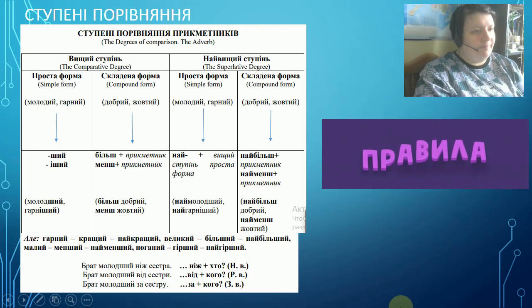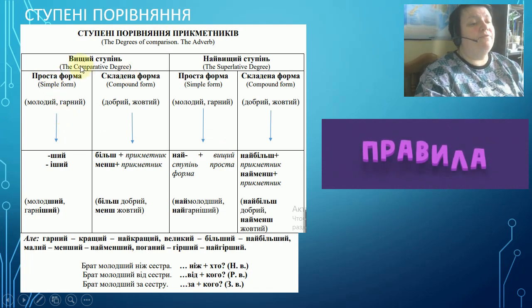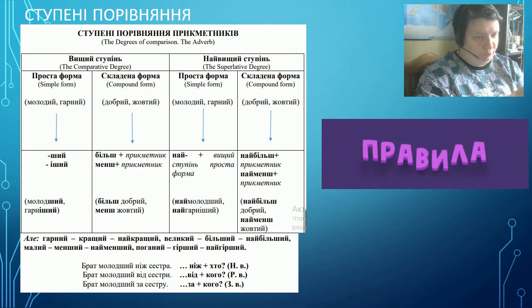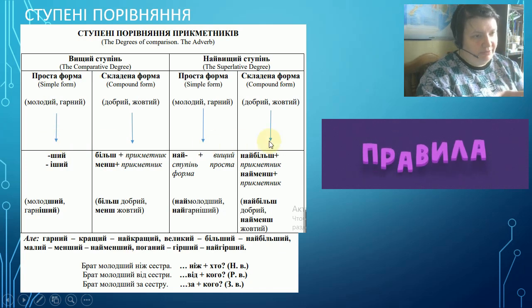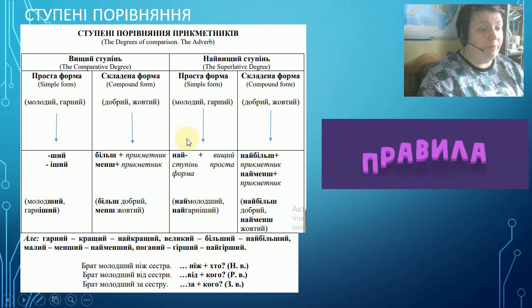The degrees of comparison. So let's look through what are the degrees of comparisons in Ukrainian. So you see that we have comparative degree in Ukrainian вищий ступень, superlative degree найвищий ступень. And in both of these degrees we have проста форма, simple form, and складена форма, compound form.